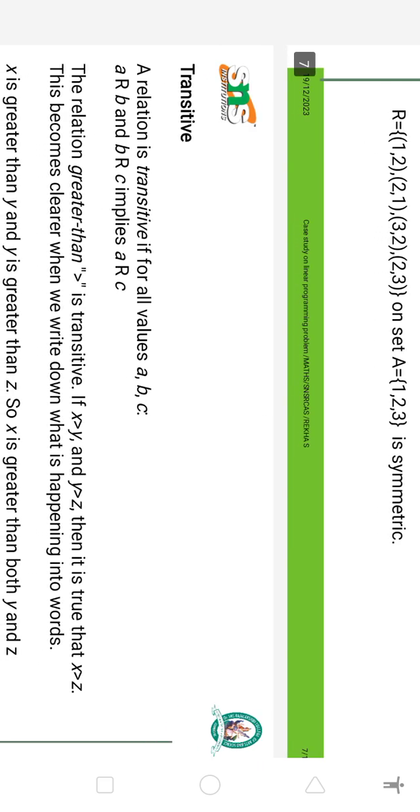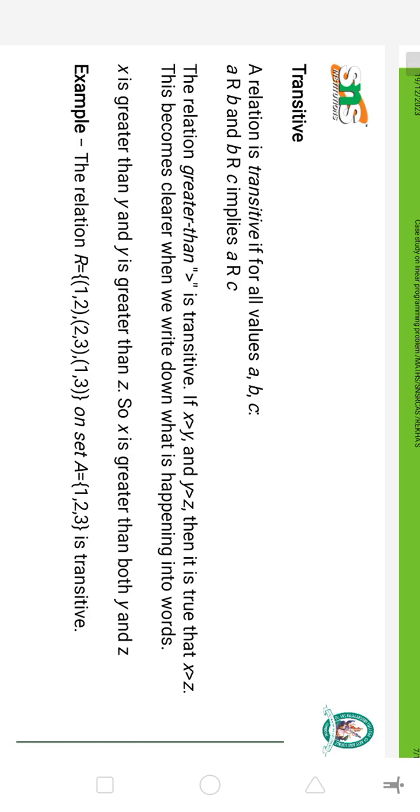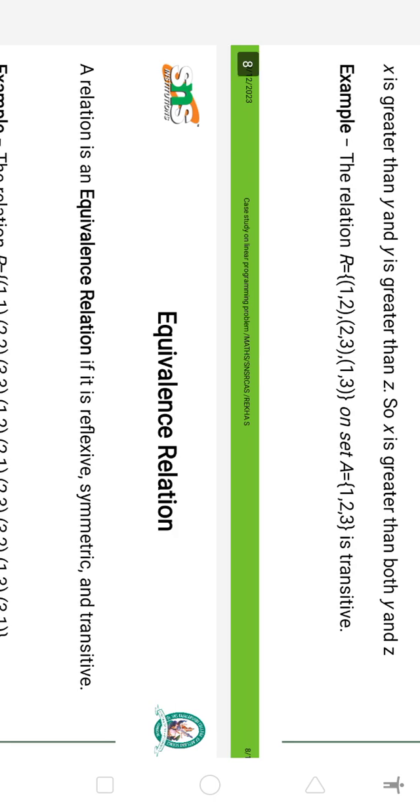Then we will go with the transitive relation. A transitive relation is A related to B, B related to C, then A is related to C. Now we consider (1, 2), (2, 3), (1, 3). How do we apply transitive? 1 is related to 2, 2 is related to 3, combining through 2 you get 1 related to 3. So this is a transitive relation.